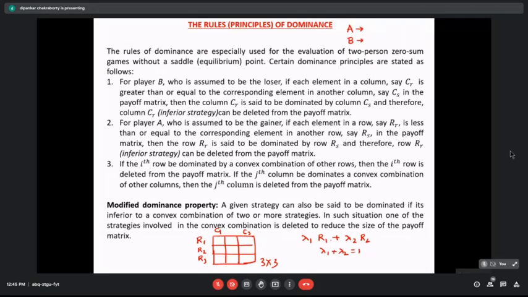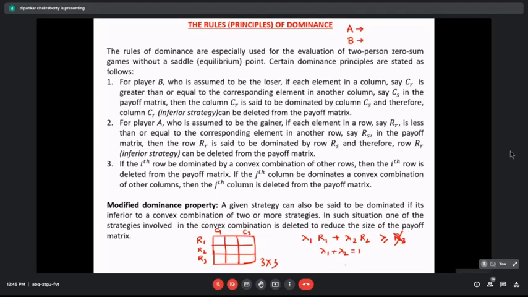If the convex combination of R1 and R2 is greater than or equal to R3, remember that, then the third rule says we can delete R3. Clear? That's why it is written: if the ith row is dominated by a convex combination of the other rows, then the ith row is deleted. That is actually happening here.